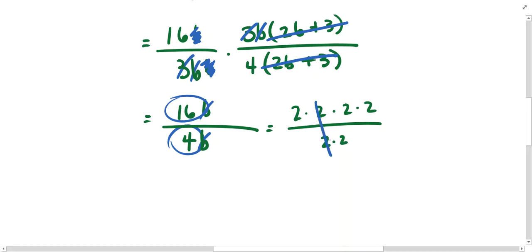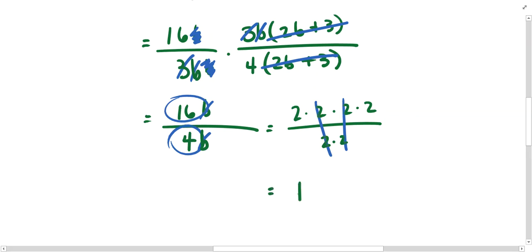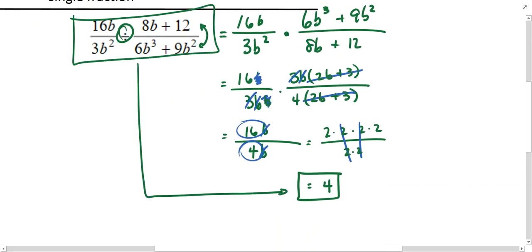So a pair of these 2's can be eliminated in each case, and we're left with a quite simple answer, just the number 4. So the result of this division of fractions is really just the number 4.